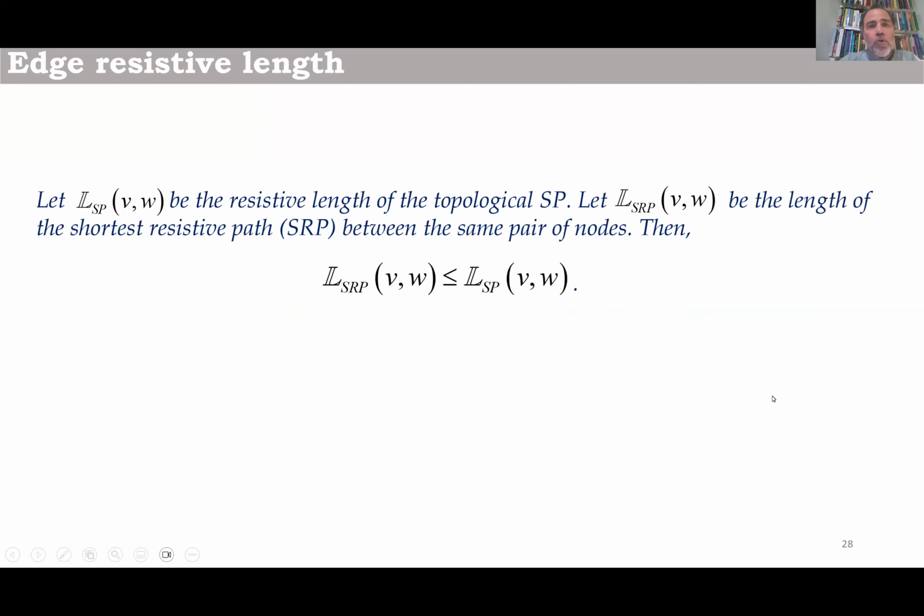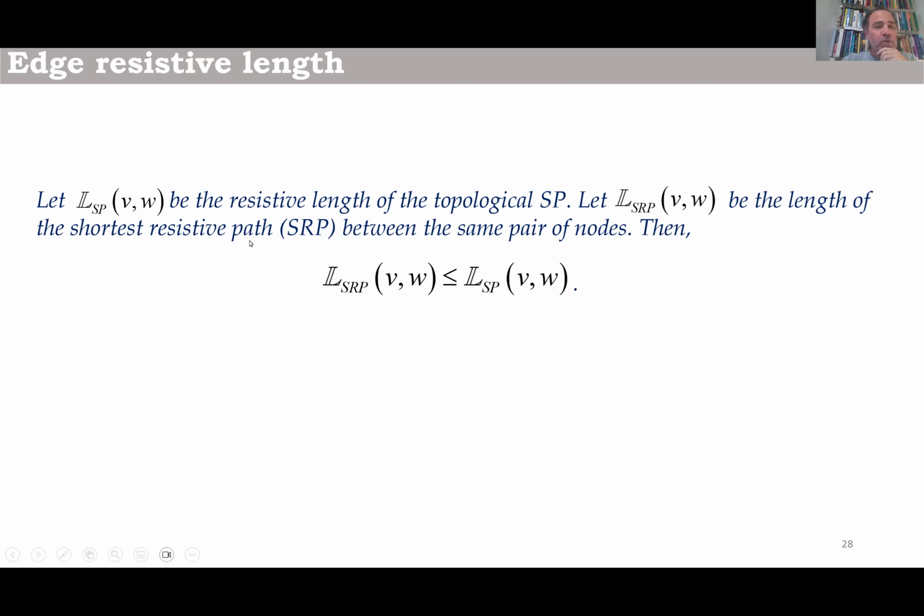But now let's go to the main goal of this talk. I want to see whether real-world networks are doing something in terms of this shortest resistive path that guarantees a better way of communication between pairs of nodes.